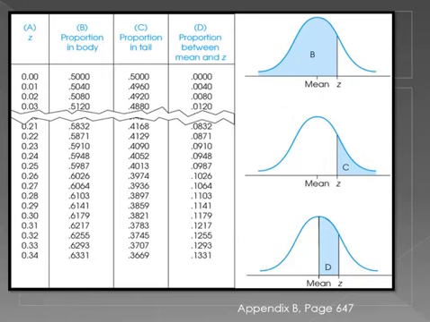Now, for any z-score that you compute, you can draw a normal distribution, and you can draw a vertical line through the distribution and break it into different areas, much like we were doing with the baby crawling data, and much like what you see here in any of these different examples. And each area is associated with a specific proportion that can be found in the unit normal table.